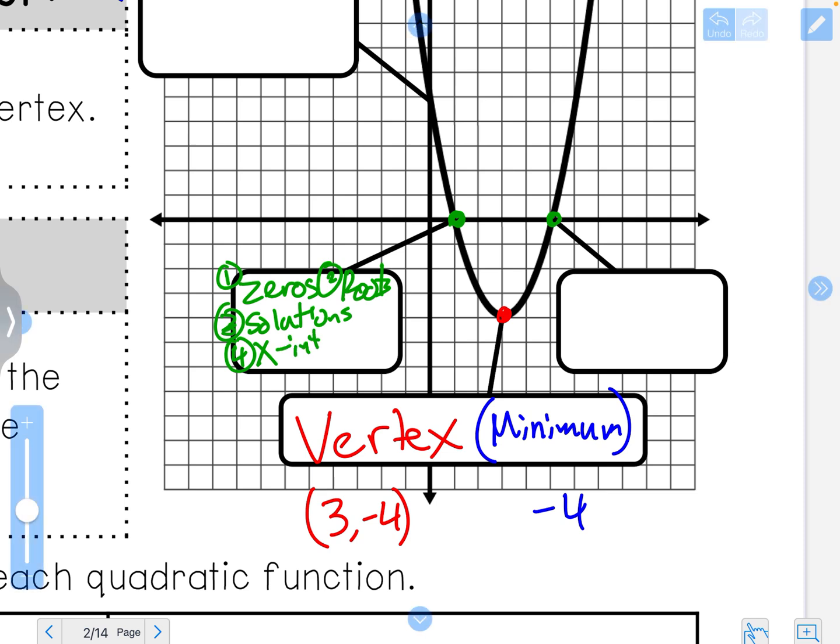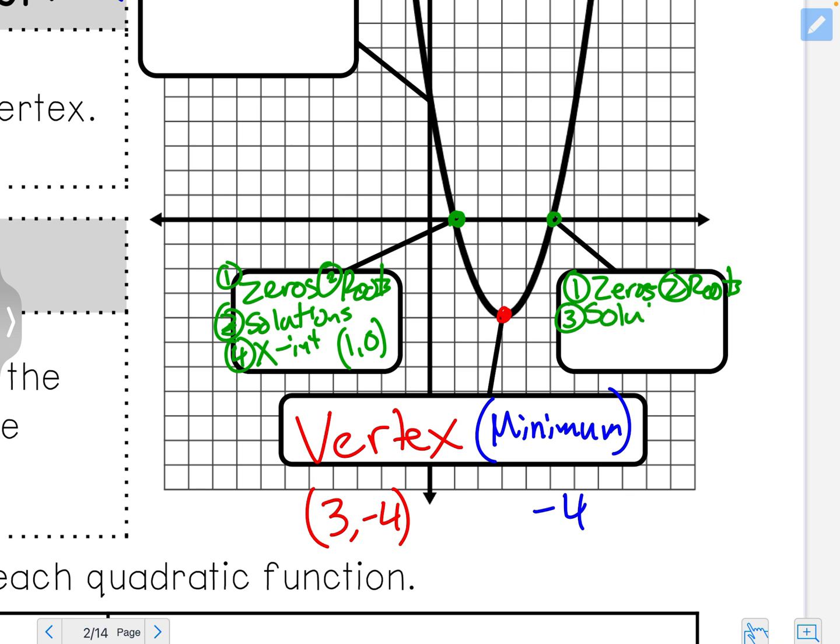And so this root, this zero, this solution is (1, 0). And we're going to write it all down again just to help us remember. So zeros, roots, solutions, and then finally x-intercepts. And this one's going to be 1, 2, 3, 4, 5, (6, 0).